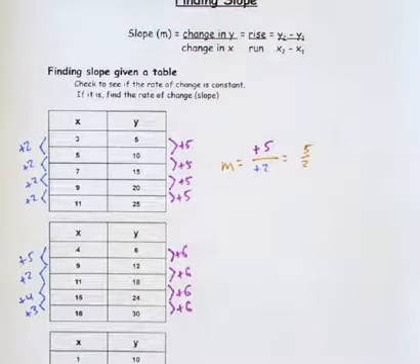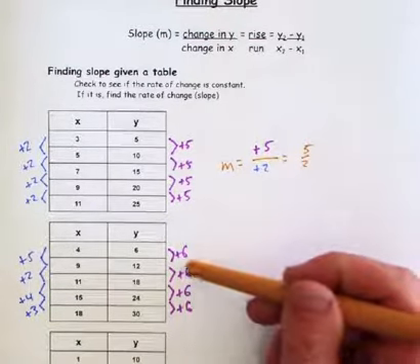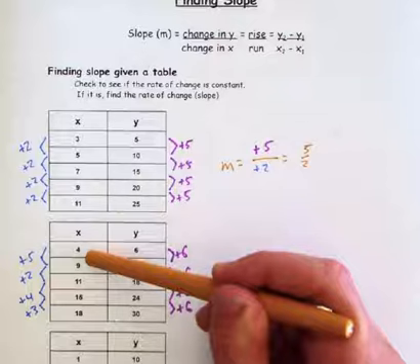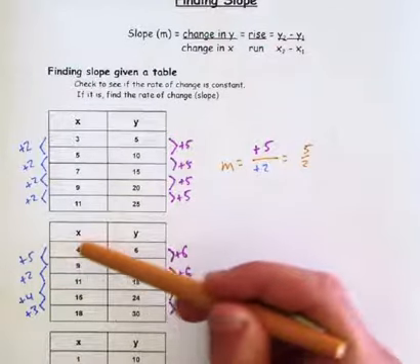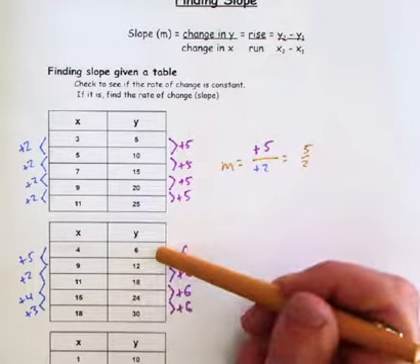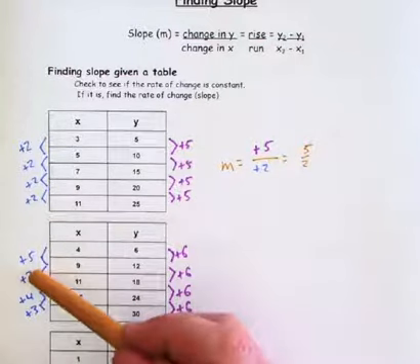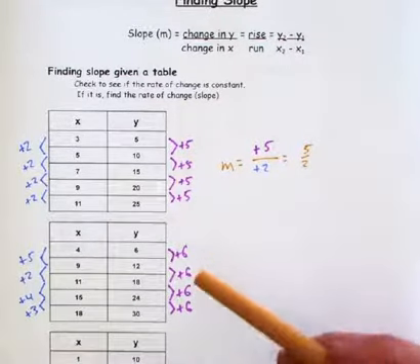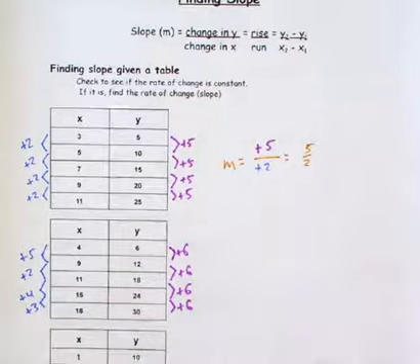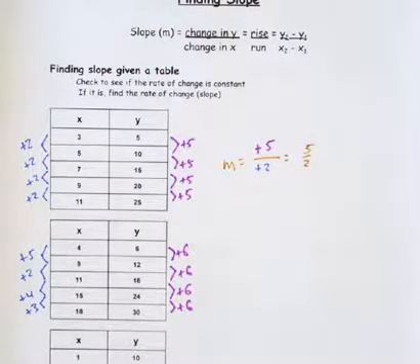Now, this one's a little bit tricky because the y values are increasing by a regular amount, plus 6, but the x values are not. So between 4 and 9, the x goes by 5 and the y goes by 6, but between 9 and 11, the x goes by 2 as opposed to 5, and the y still goes by 6. This means that the rate of change is not constant.